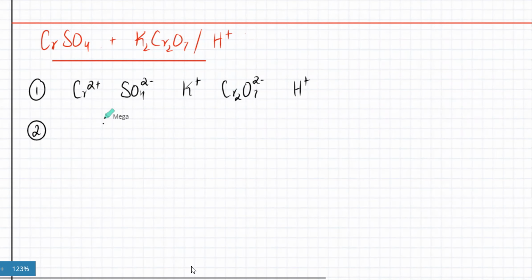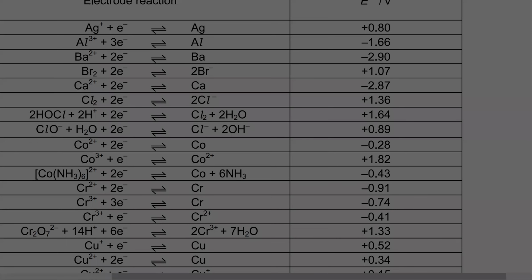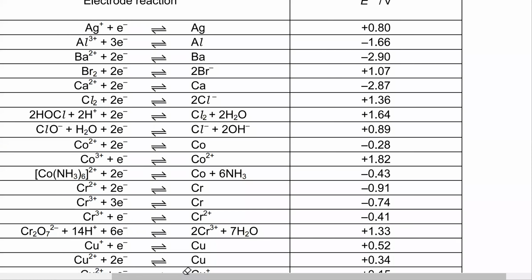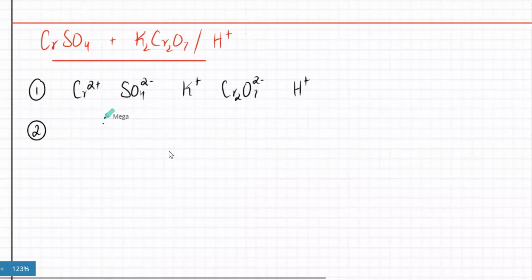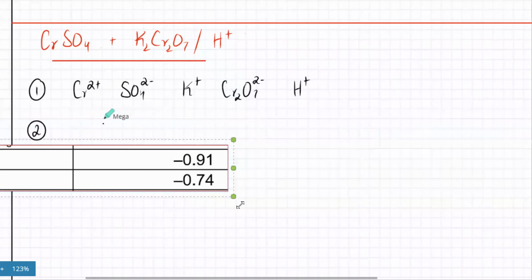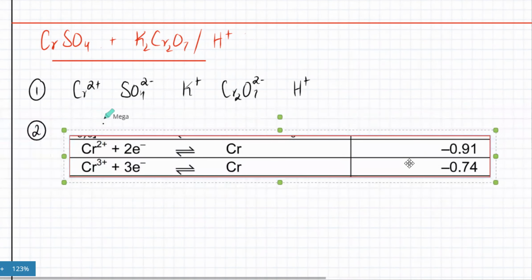We'll pick chromium 2 plus first, and there are actually 2 equations that involve chromium 2 plus. Anywhere I see chromium 2 plus, I just write that down. So here are my 2 reactions.